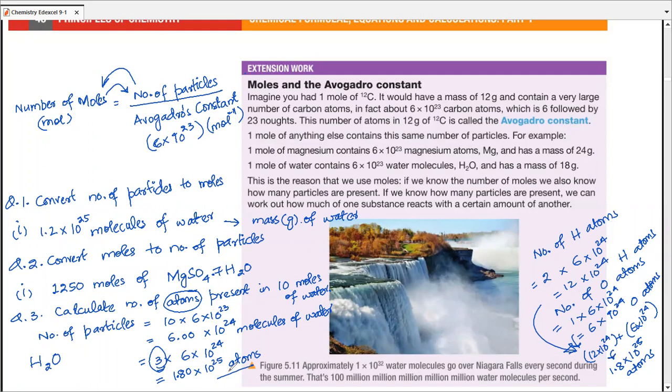The same thing is done on YouTube with circles as atoms or diagrammatically, which is much easier to understand for students sometimes rather than just going with numbers written over here in the form of text. So if you get the idea, well and good.